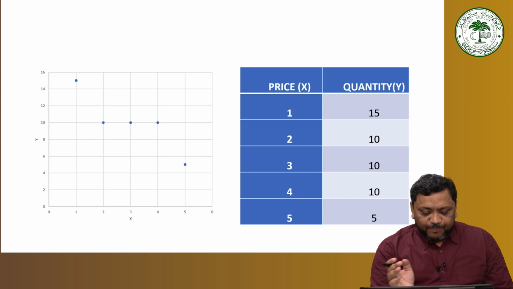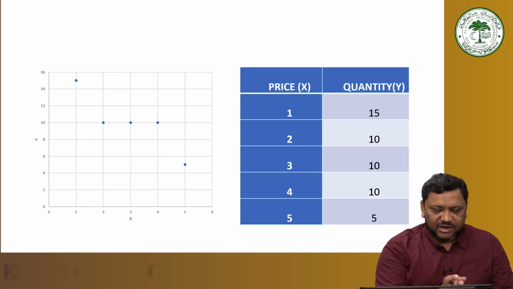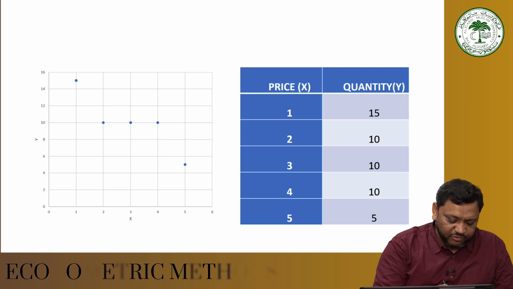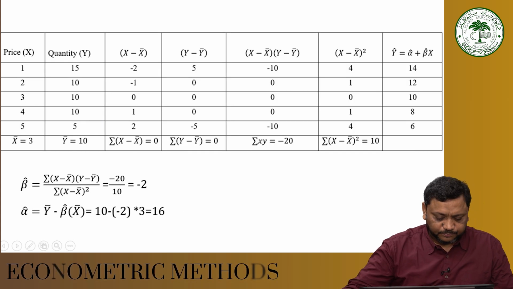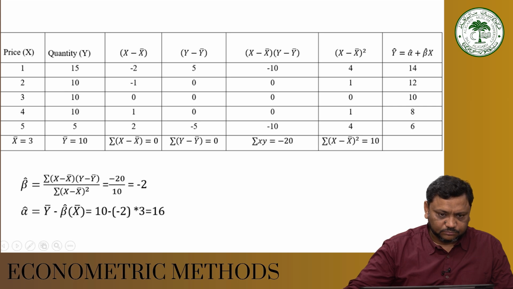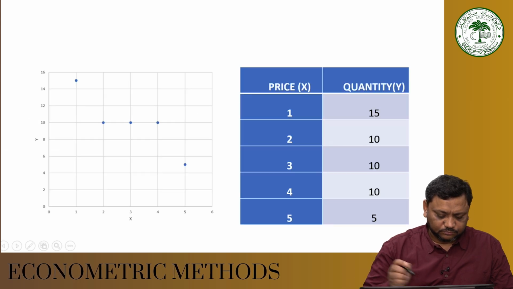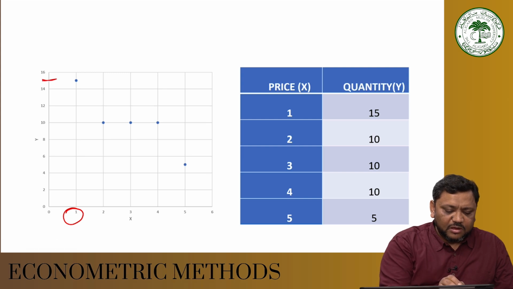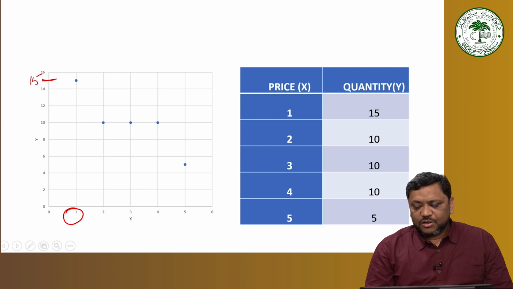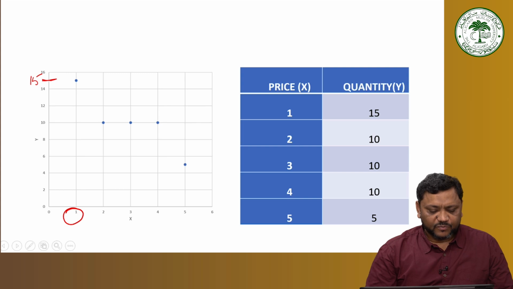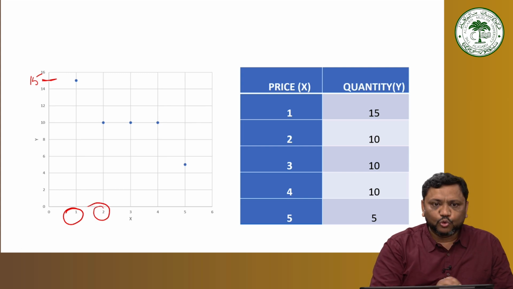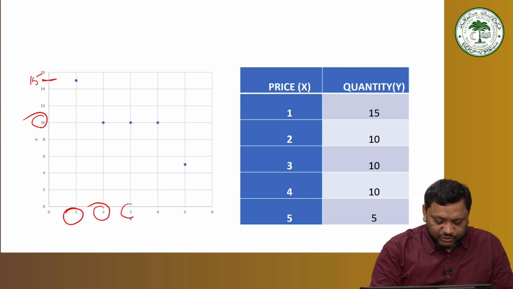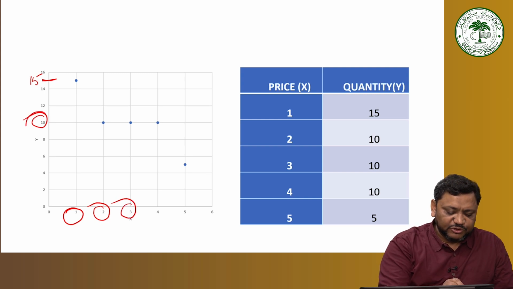Now, if we plot it on a graph, on x and y axis, you can see that when x is equal to 1, your y is equal to 15. When x is equal to 2, y is equal to 10. When x is equal to 3, y is also equal to 10.